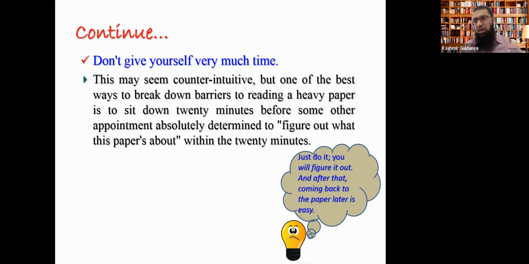If it is not getting into your kitty, throw it away and take another paper that is easier than the previous one. After you fully understand two or three papers, you can come back to the first paper which was difficult for you, and you will be able to understand the terms very well.